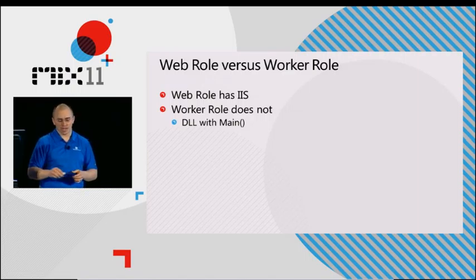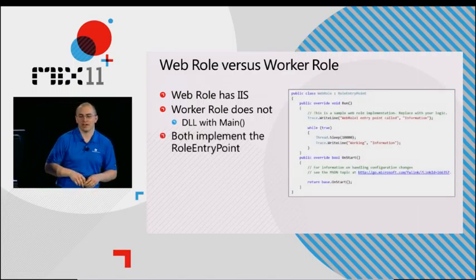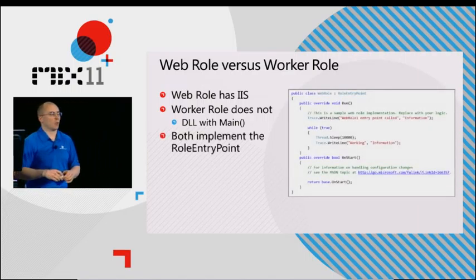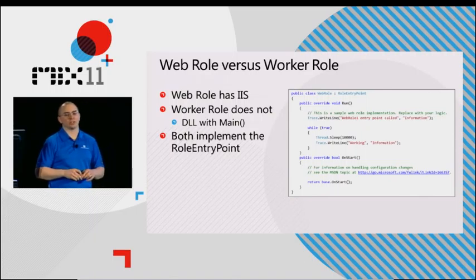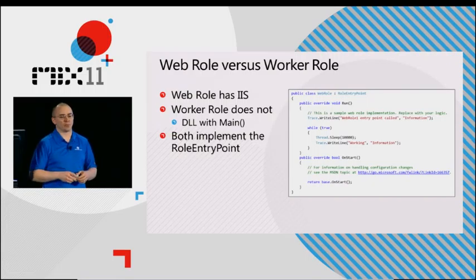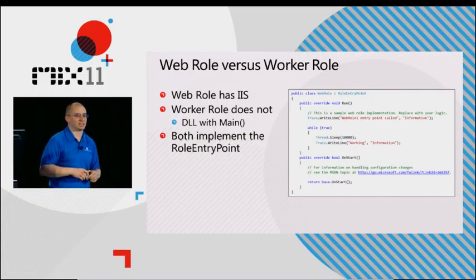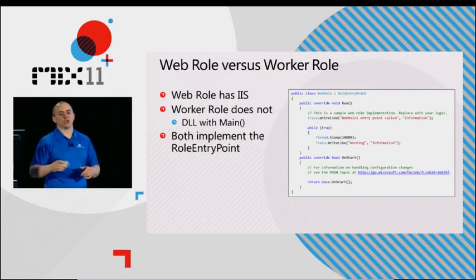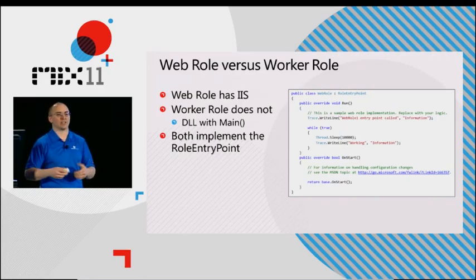Now, the reason I think this is kind of an interesting thing to talk about is one thing that has changed over the last couple of years is that a web role also inherits from the role entry point in a class called webrole.cs. And what this means is you can run many of the same background type tasks that you do in a worker role in a web role.